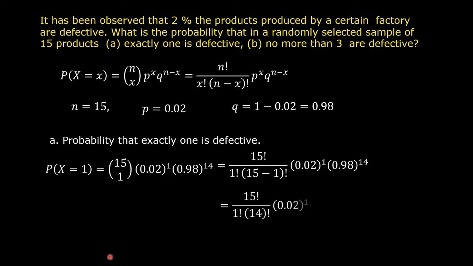This is now equal to 15 factorial over 1 factorial times 14 factorial times 0.02 raised to 1 times 0.98 raised to 14. Using our calculator, we are going to get 0.2260 9258.